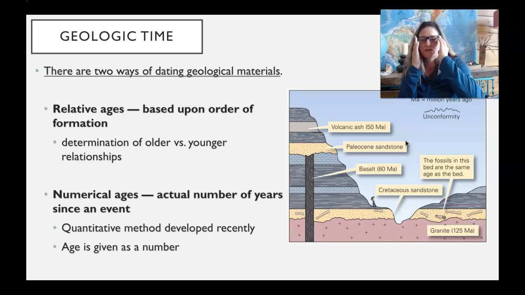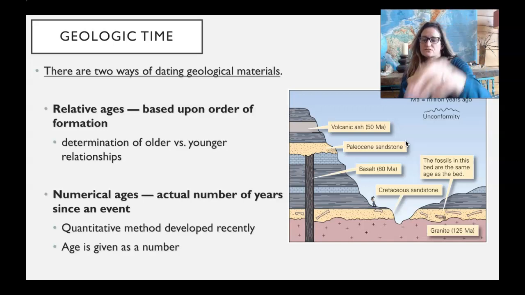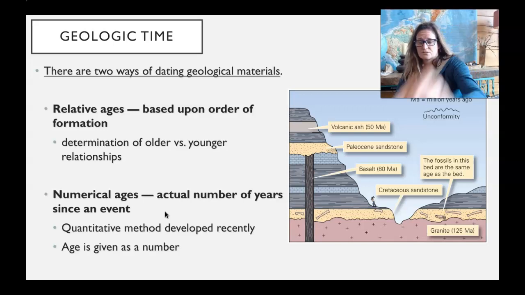And that's just saying that one event or rock is older or younger than another one. It's just a relationship between the two, older and younger. The other kind of geologic age is numerical age. We can put an actual number on the age of an event or a rock, an occurrence in geologic history. So we'll look at how we can determine numerical ages as well.